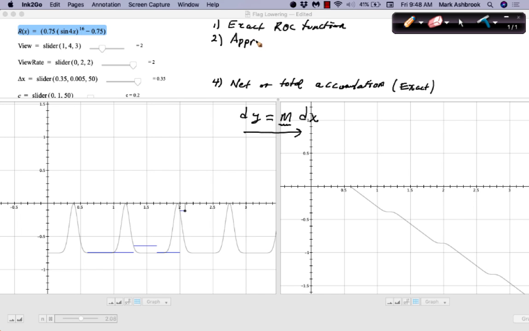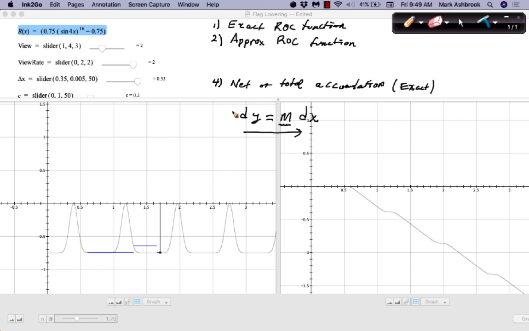An approximate rate of change, whether you eyeball it like you've been doing so far, or use this left-hand approach. You could also use a right-hand approach, where you pick off the right rate and make that the constant rate. But in any case, you're creating an approximate rate of change function consisting of constant rates that are trying to pretend to be the exact rate function.